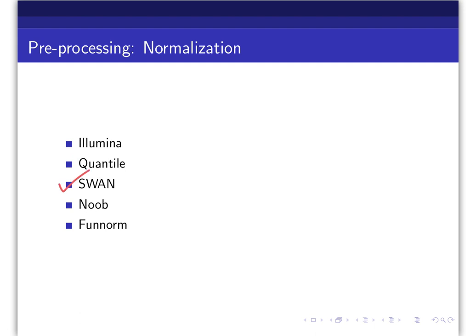then interpolating a reference distribution to which the type 1 probes are normalized. Subset quantile within array normalization, or SWAN, first creates an average quantile distribution using a subset of type 1 and 2 probes, then intensities on the remaining probes are adjusted for each probe type using linear interpolation between the subset probes. NOOB, which stands for Normal Exponential Out of Band, is a background correction method with dye bias normalization.